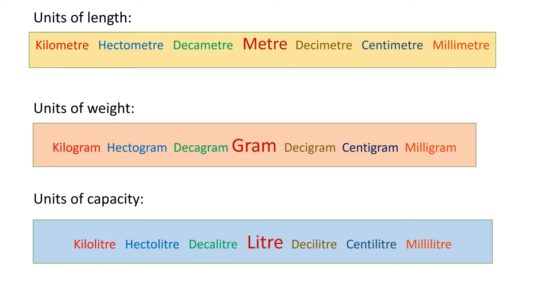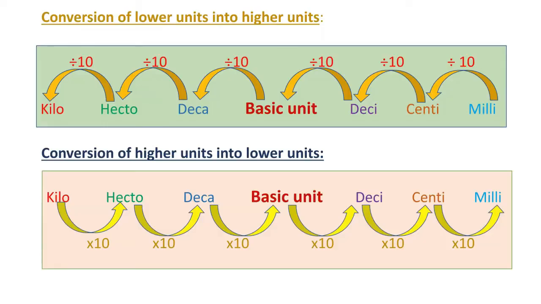So these all are the units of length, weight and capacity. The standard unit of length is meter, the standard unit of weight is gram and the standard unit of capacity is liter. Now see the relation between these units. First of all, if we want to convert a lower unit into a higher unit, I repeat, a lower unit into a higher unit, we divide.